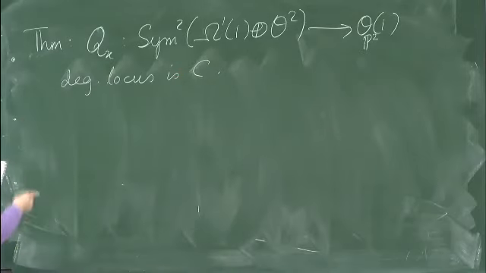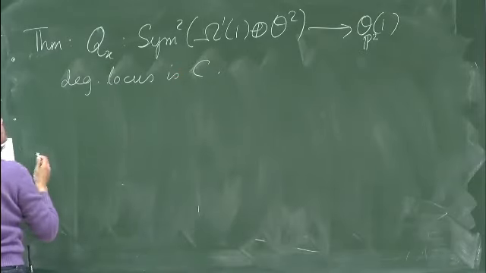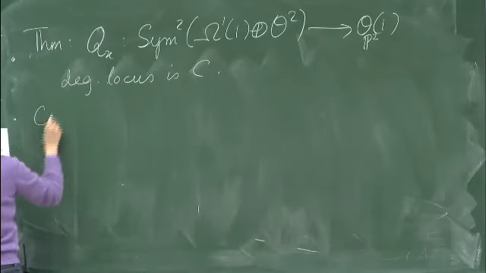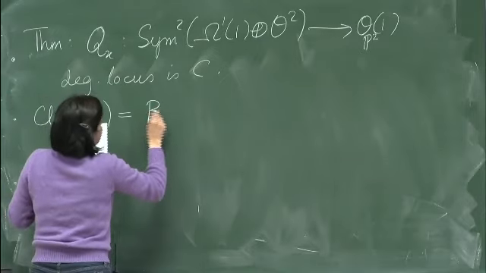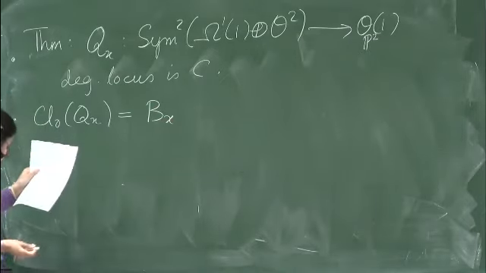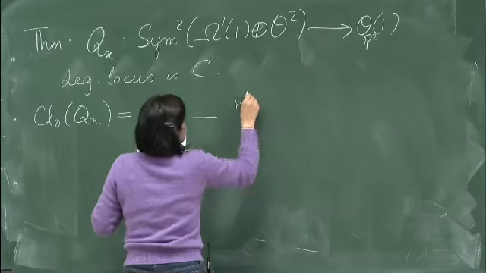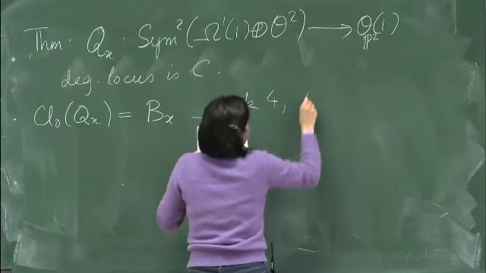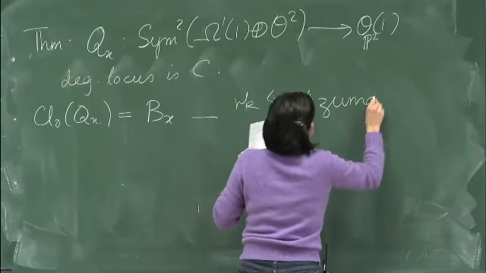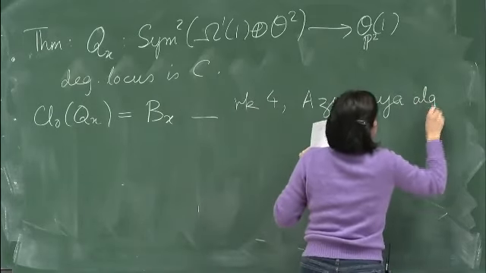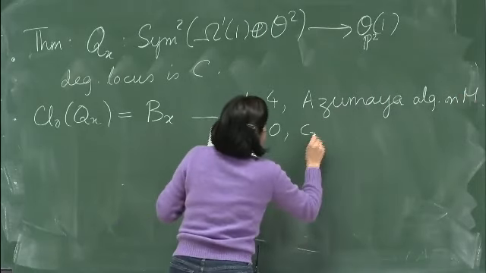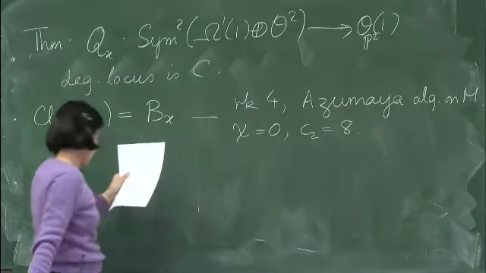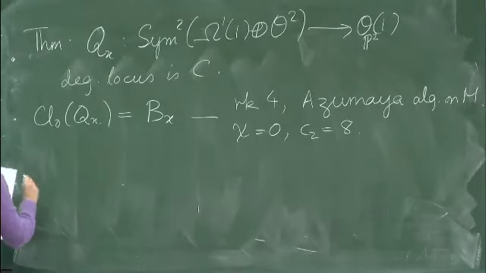And now you can take the even Clifford algebra associated to this quadric bundle, and we get something that I'm going to call B sub x. And B sub x is a rank 4 Azumaya algebra on M with Euler characteristic 0, C2 equals 8, and it has deformations.